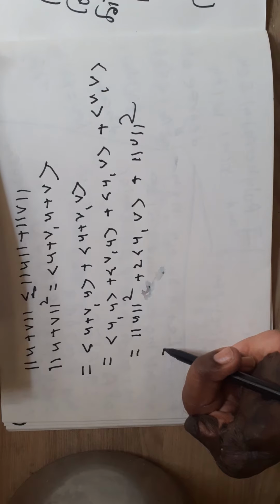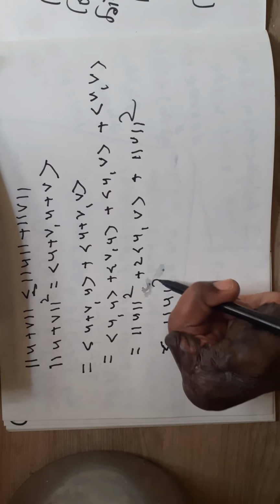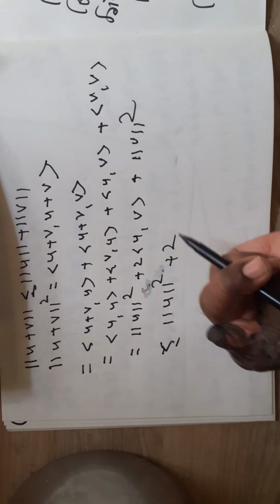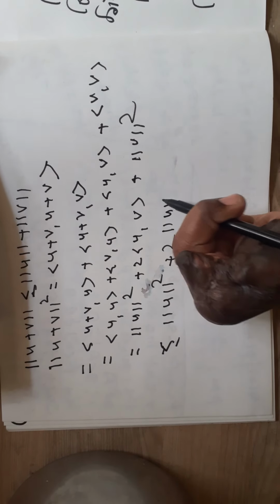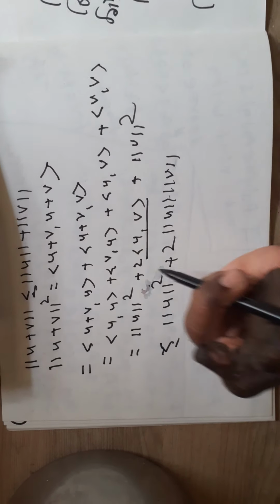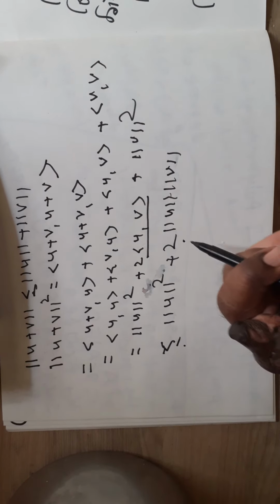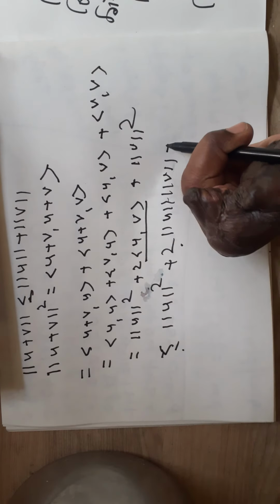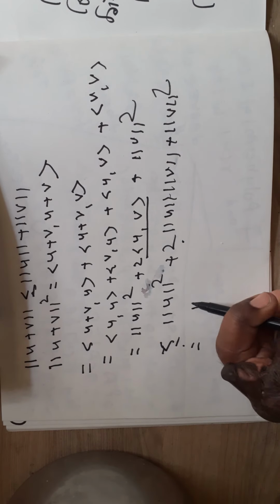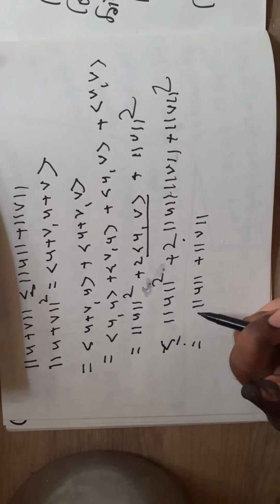Now this is less than or equal to norm of u squared plus 2 ... By the Cauchy-Schwarz inequality, angle bracket u comma v is less than or equal to norm of u into norm of v. This term is less than or equal to that term, therefore this side is less than or equal to norm of u squared plus 2 norm of u into norm of v plus norm of v squared, which is norm of u plus norm of v the whole squared.